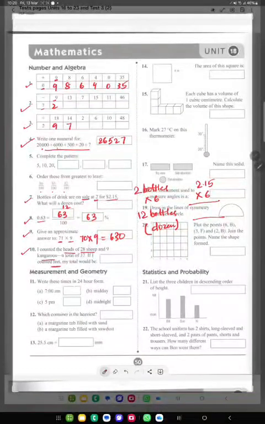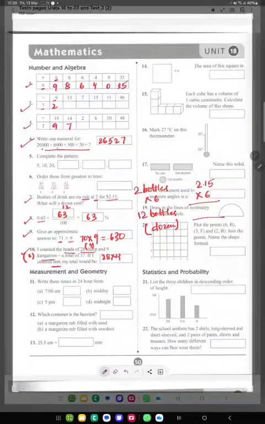Sheep have 4 legs each, and kangaroos have 2 legs and a tail. Sometimes they frame it as count the total number of legs, sometimes they frame it as count the total number of feet. So it's the same thing.